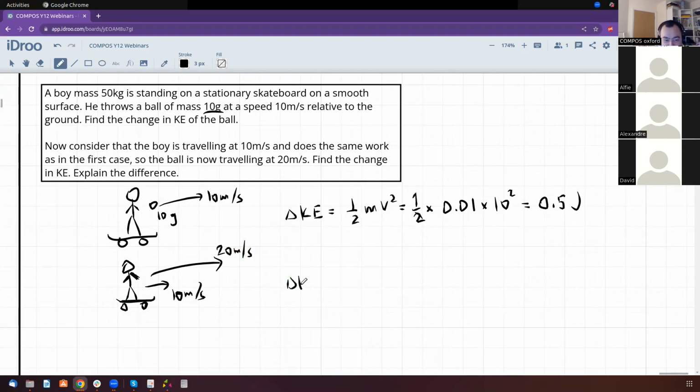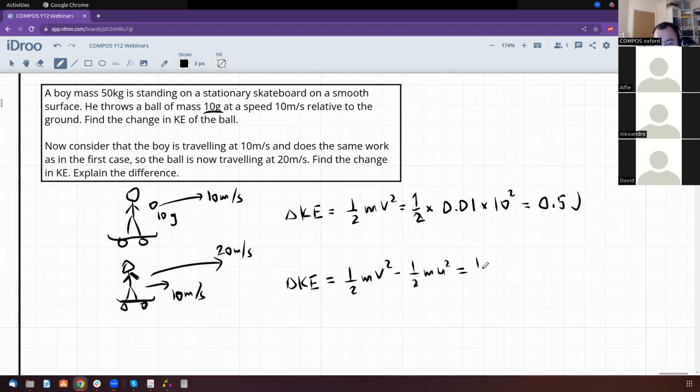So the change in kinetic energy of the ball is 1/2 mv squared minus 1/2 mu squared. So it's the final velocity minus the initial velocity.